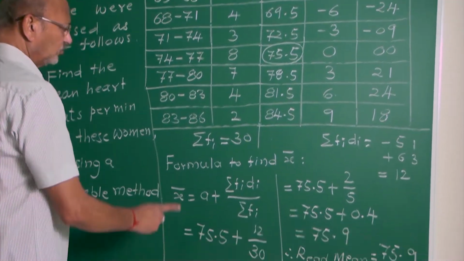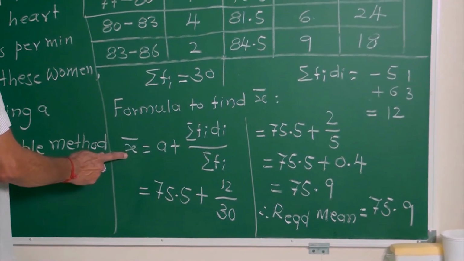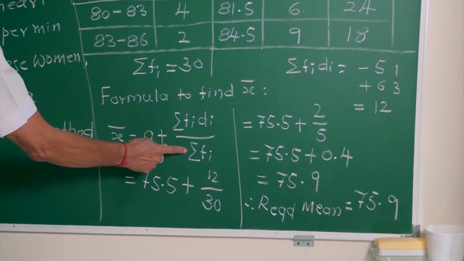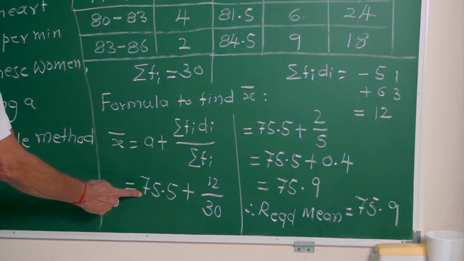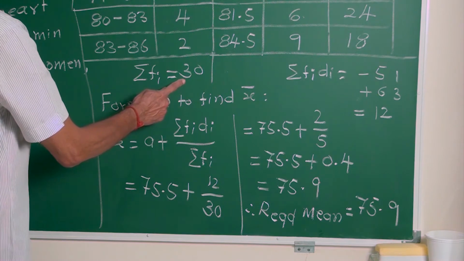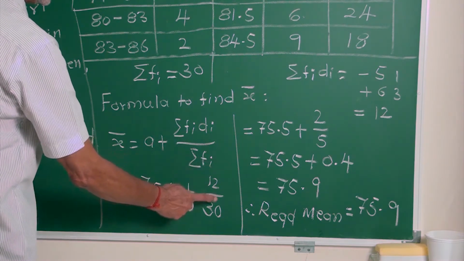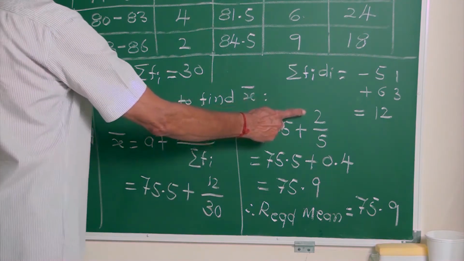Then you have to go for the formula to find x bar by the assumed mean method. X bar equals A plus sigma Fi Di upon sigma Fi. You know the value of A. 75.5 plus numerator 12, denominator 30. 12 means 6 into 2, 30 is 6 into 5, so this is plus 2 upon 5.